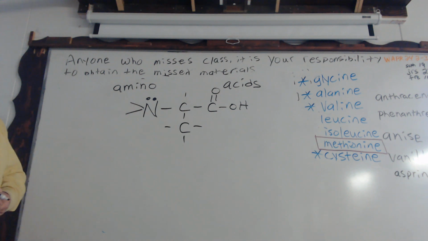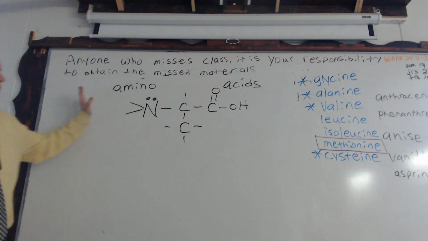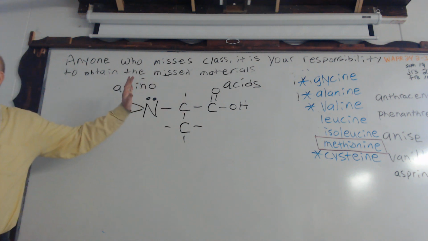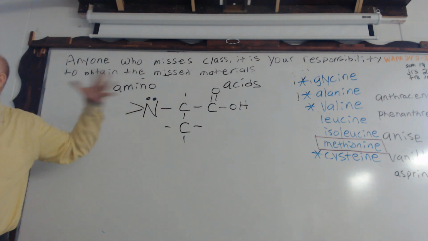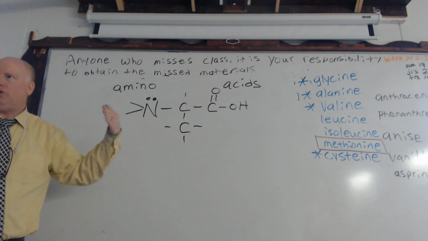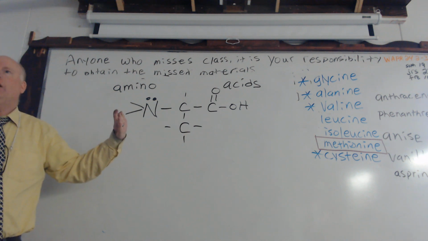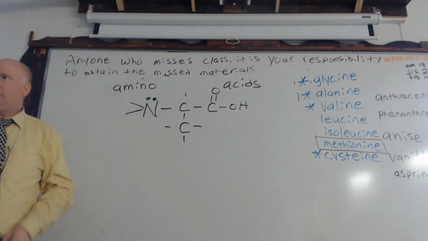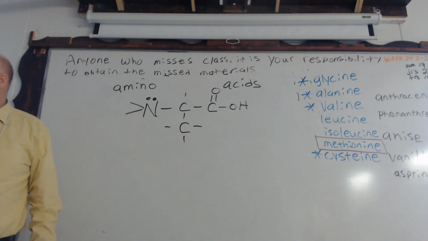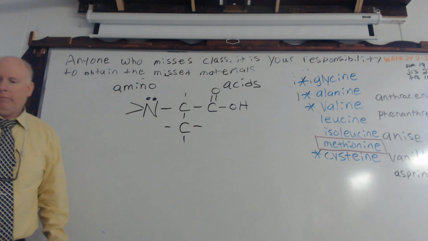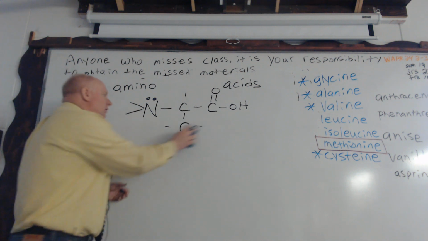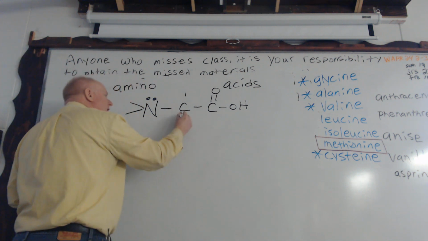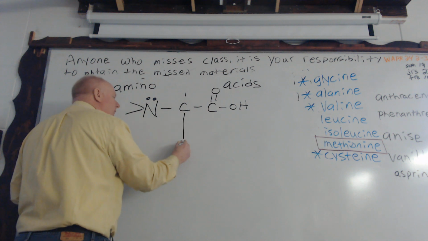Then if we want to draw valine, do we need to erase all of this again? No. Do we see a pattern? Where do these amino acids change? In the middle, right on this second carbon. So, how could we change alanine to valine now? Make it like a V. I'm going to extend this out a little bit.